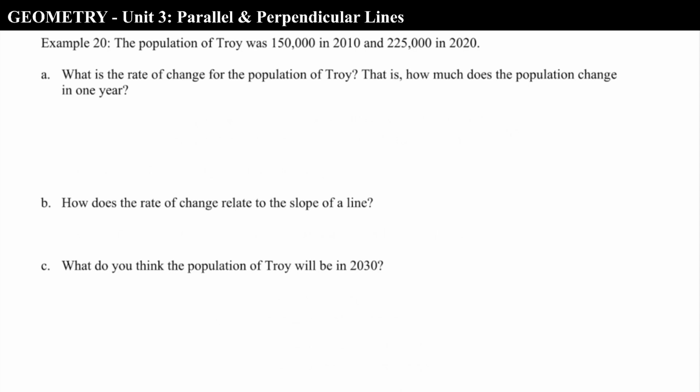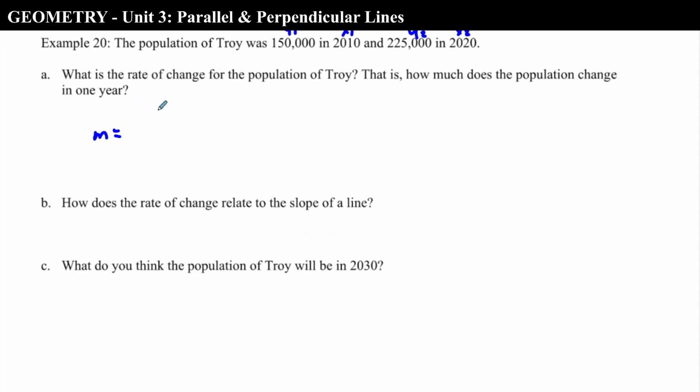That is, how much does the population change in 1 year? So we are going to do this using slope. So let's say that our years are our x1 and our x2, and our populations are our y1 and our y2.